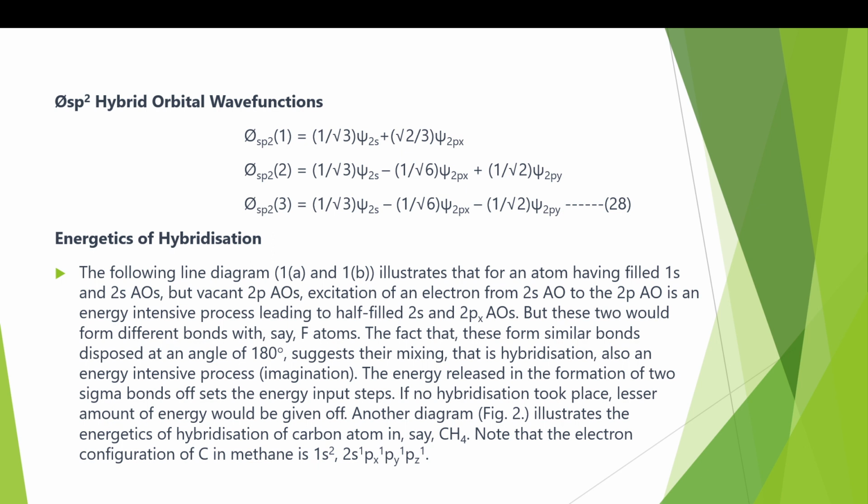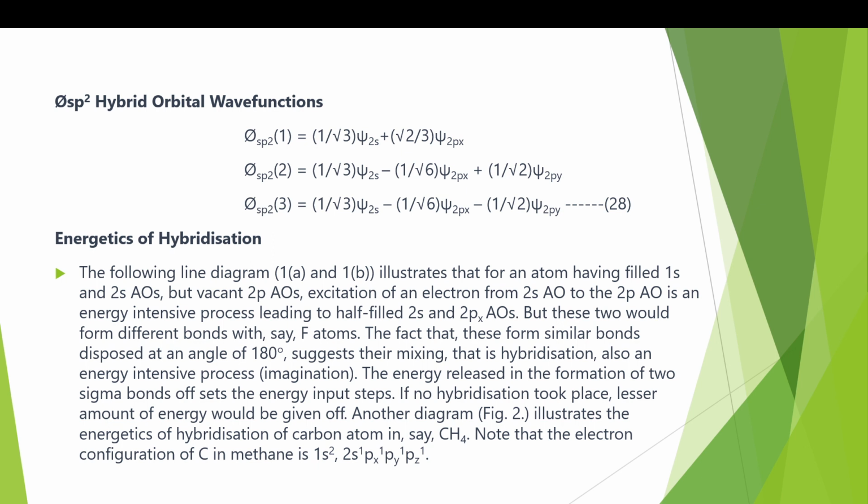The energy released in the formation of two sigma bonds offsets the energy input steps. If no hybridization took place, lesser amount of energy would be released. This is shown in figure 1b.